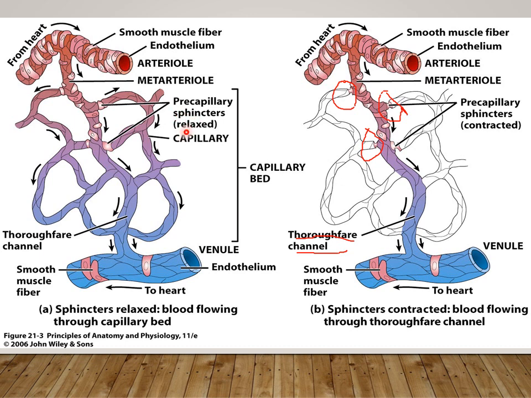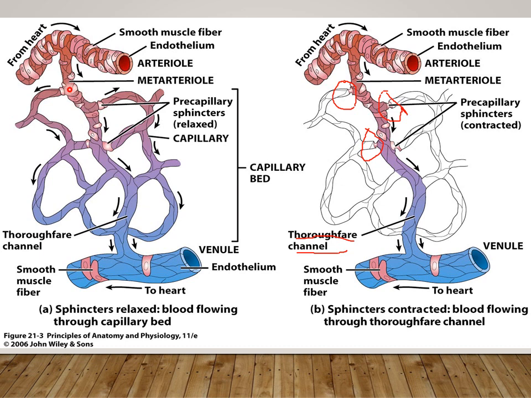When this precapillary sphincter is relaxed, there is a flow of blood from the metarteriole directly into the capillary network. So they are maintaining the flow of blood into the capillary bed through the precapillary sphincters.